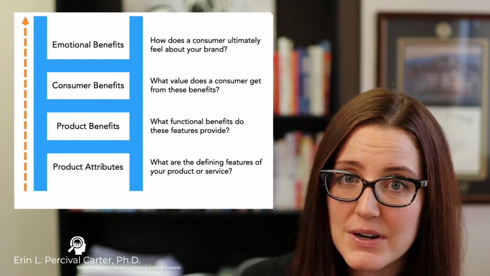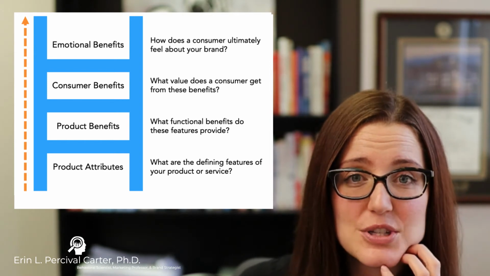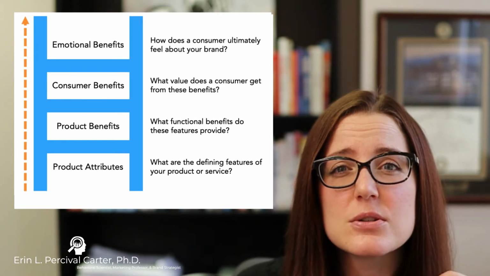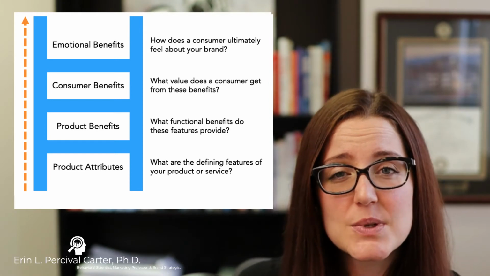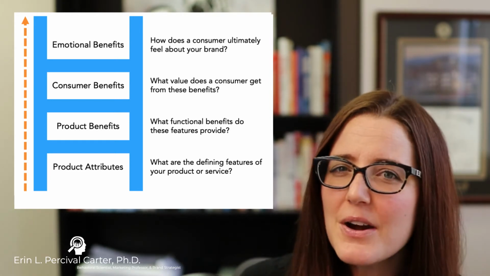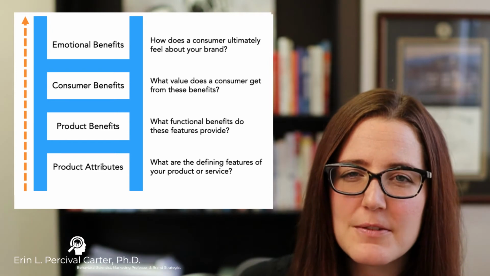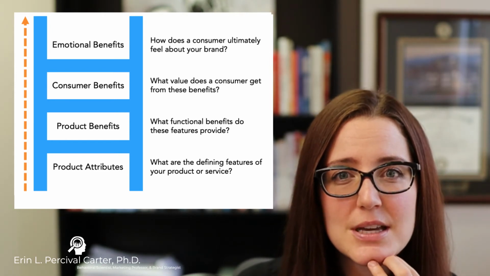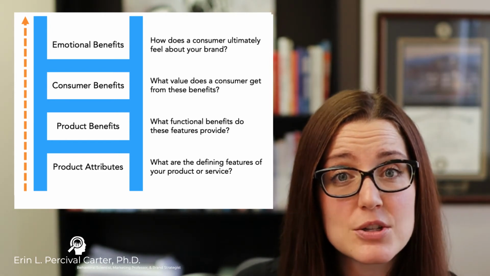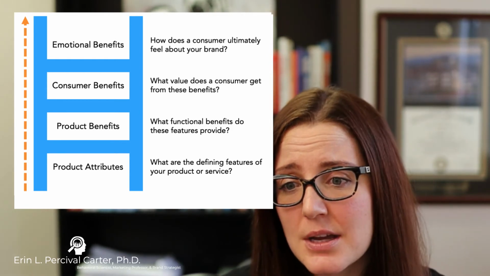That should sound very familiar if you watched the FABs video: features, advantages, benefits. That's how we tend to talk about it in sales. Very similar to what's happening in various strategies for putting together branding strategies or brand positioning statements.